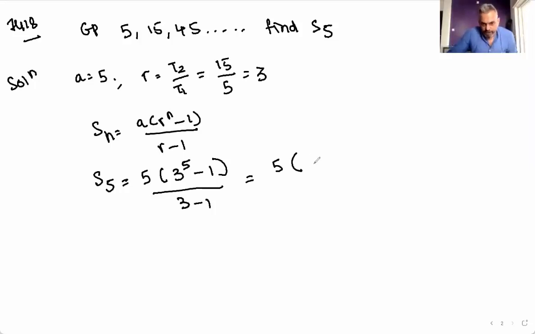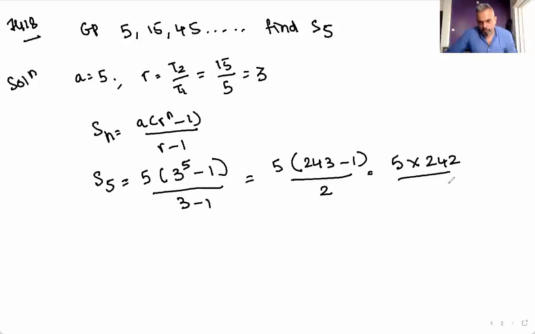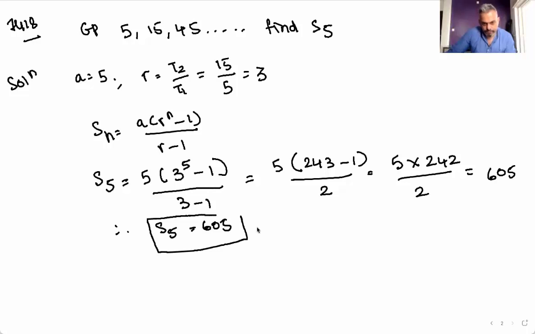So 243 minus 1 upon 3 minus 1, that is 2, which is 5 into 242 upon 2, which is equal to 5 into 121, which is equal to 605. Therefore, S5 is equal to 605. Answer.